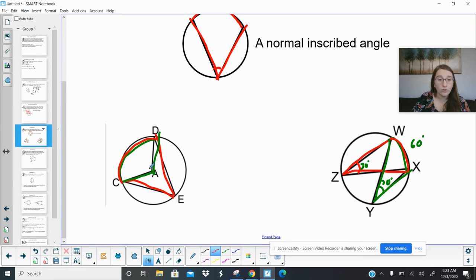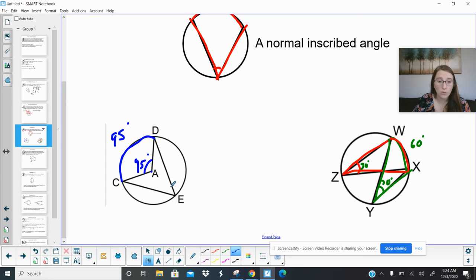But a central angle and an inscribed angle do not have the same relationship. For a central angle, we have it the same as the arc. For an inscribed, it's half. So what that means is, if this angle given to you was, let's say, 95, that's a terrible example, but whatever. It's a central angle. It's the same as the arc it opens up to.